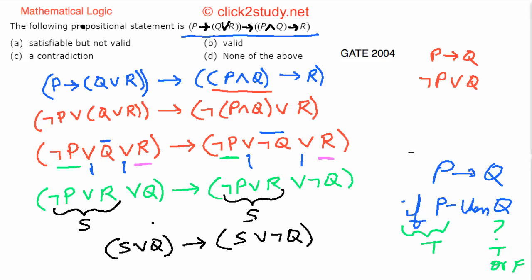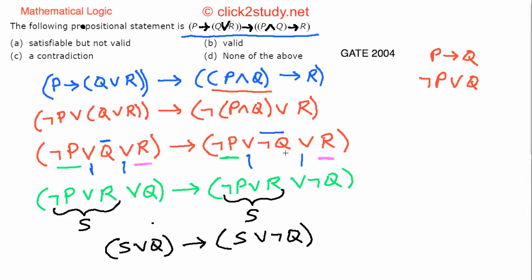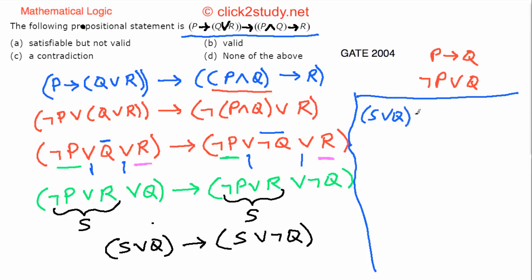So I'm going to write this out here on the side: S or Q implies S or not Q. Let's assume that the antecedent is true and see what we can do about it.